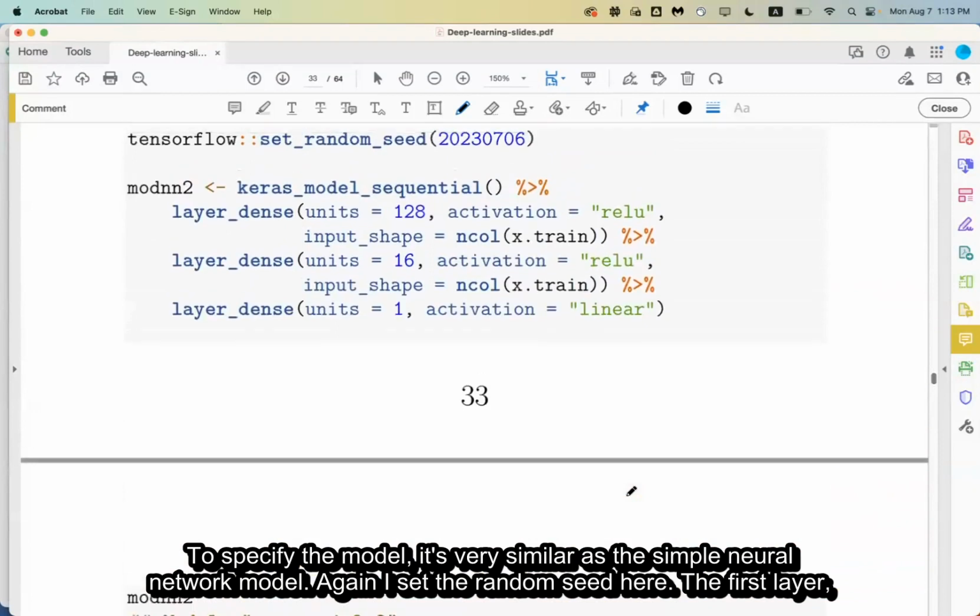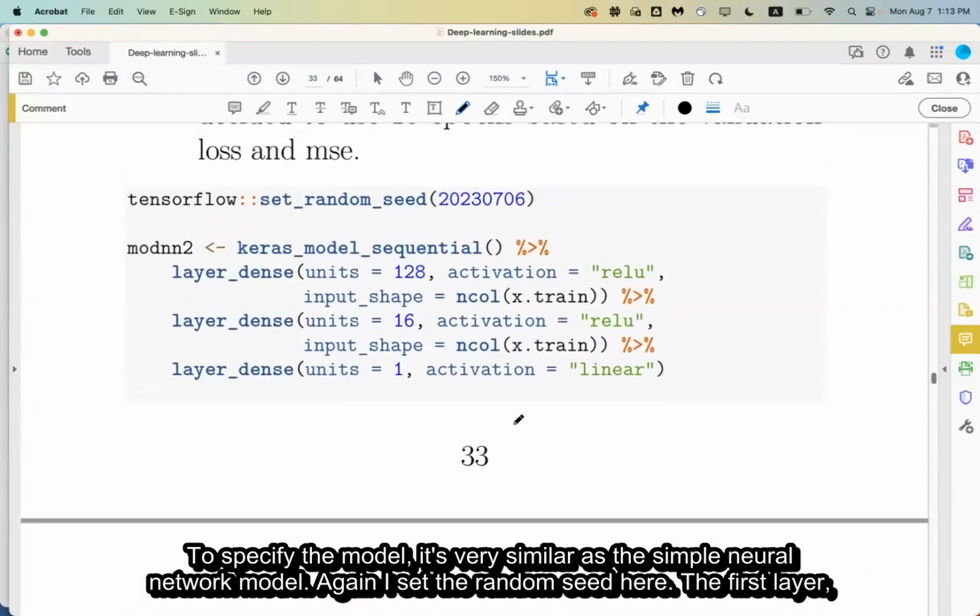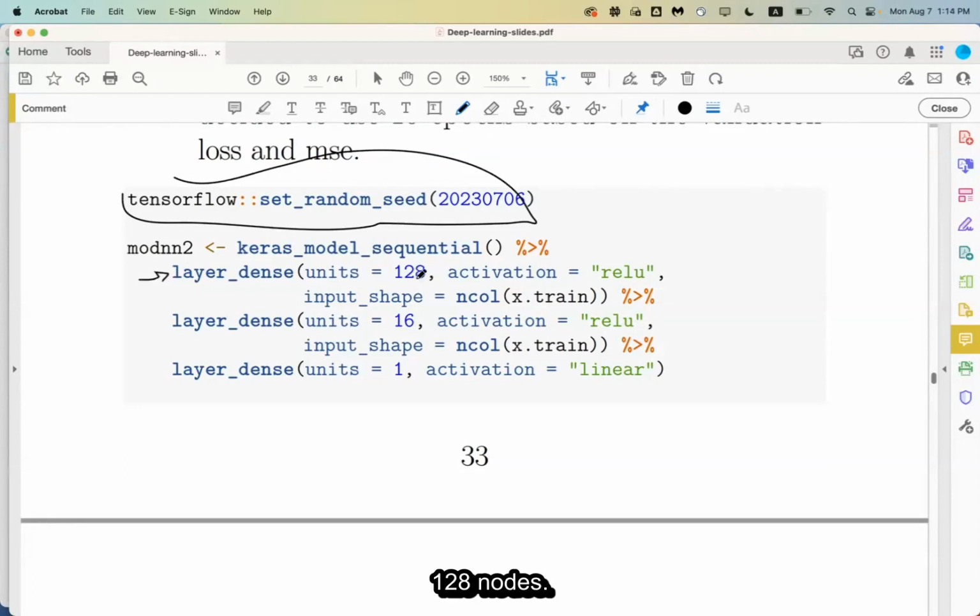To specify the model is very similar to the simple neural network model. Again, I set the random seed here. The first layer, 128 nodes, and the input shape is like this. The second layer, 16 nodes.